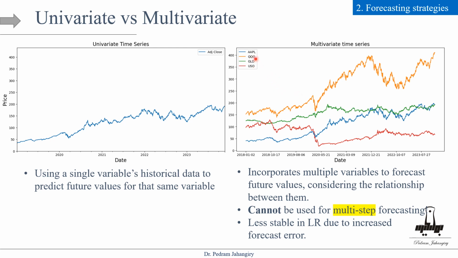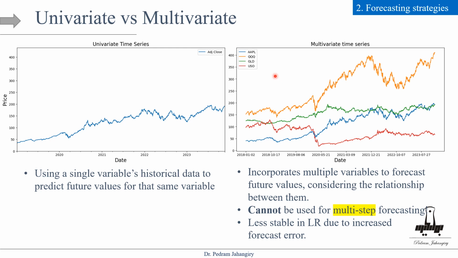You might say the market price, the QQQ index price, matters, the gold price matters, and maybe the US oil price matters as well. You can add technical indicators like moving averages, fundamental indicators, economic data, alternative data, and so on. But the point is that the more variables you use, the less stable your predictions are going to be in the long term.